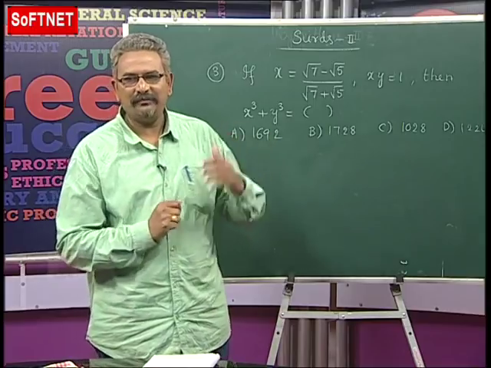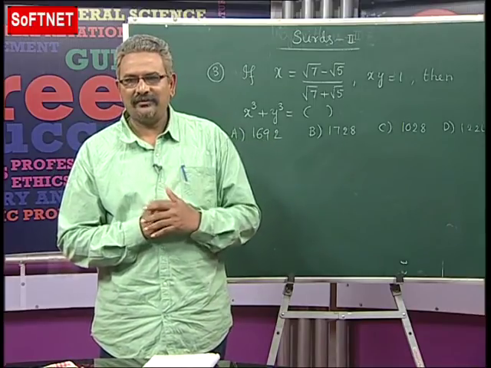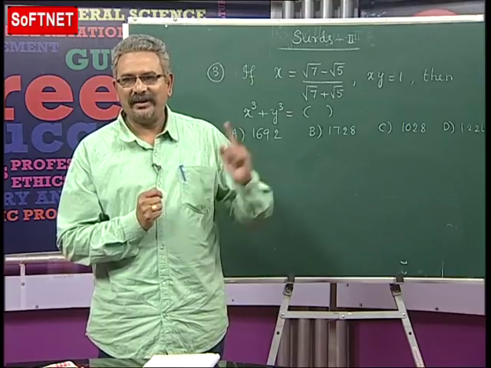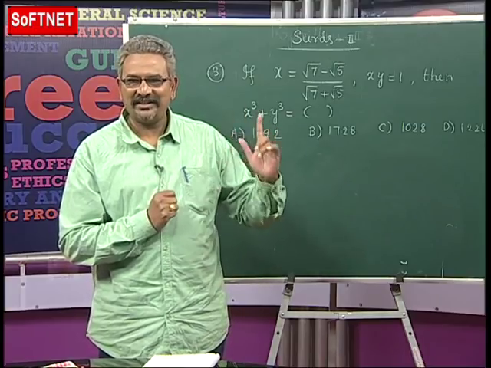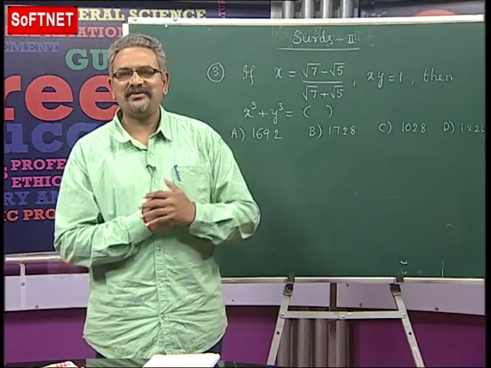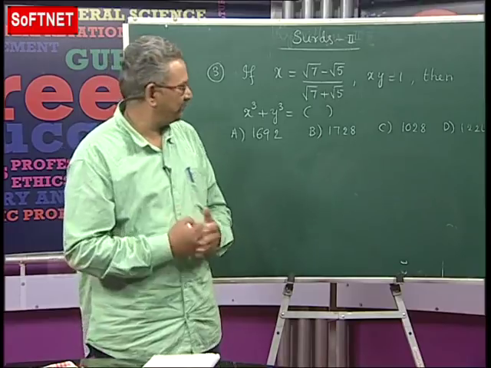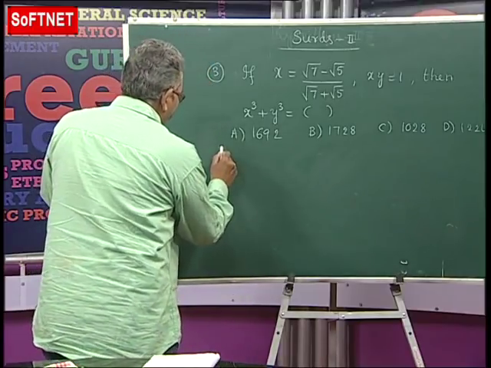So in this problem, what is step 1? We have to rationalize. What is step 2? Finding the y value. What is the next step? Finding x cube plus y cube. That's all. In 3 steps, this problem can be solved. Okay.